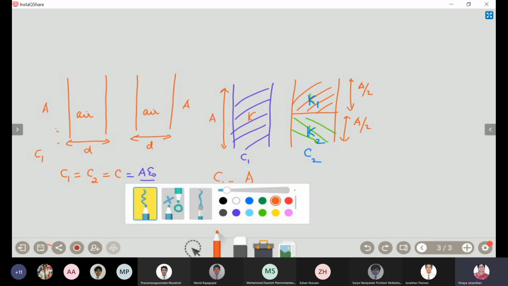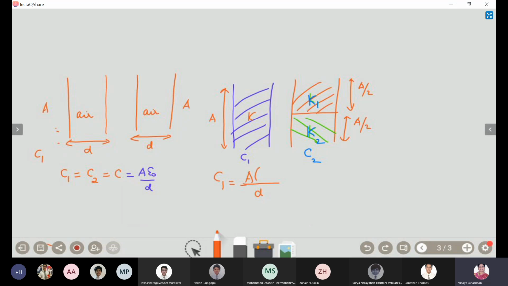What is the value, boys? It is K times epsilon naught. Whenever you put a dielectric medium, the capacitance will increase by K times. So C1 will be K times A epsilon naught divided by D. Right, here, a different type of numerical.